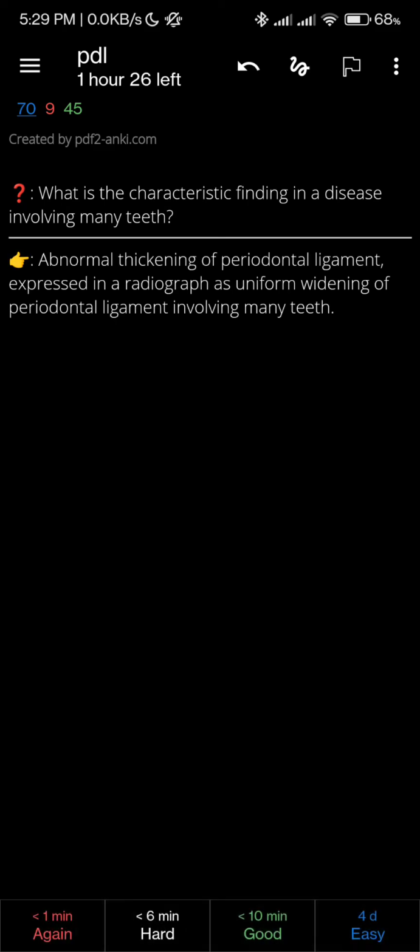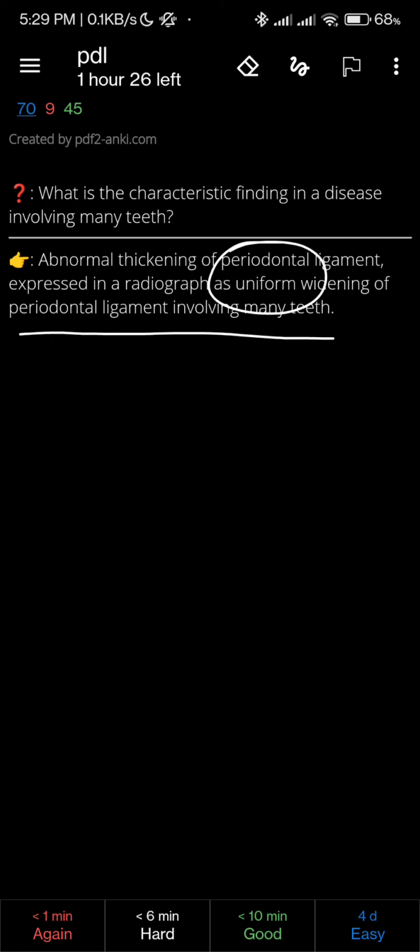Abnormal thickening of the periodontal ligament, expressed in radiograph as uniform widening of the periodontal ligament involving many teeth.